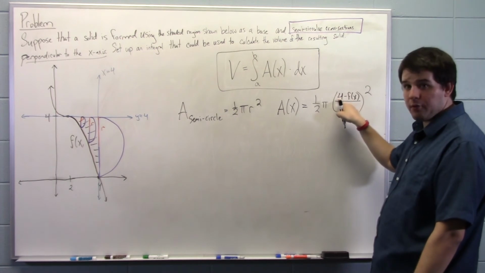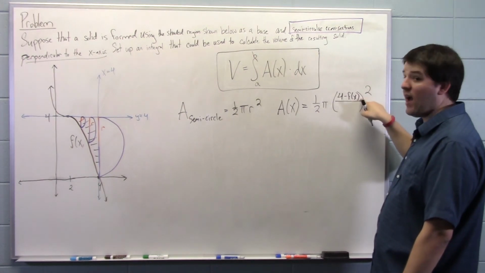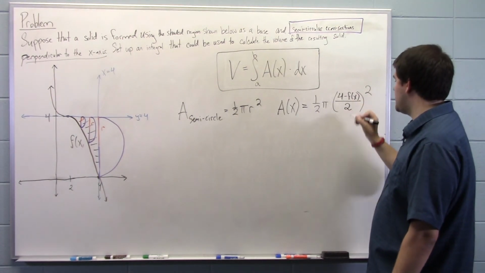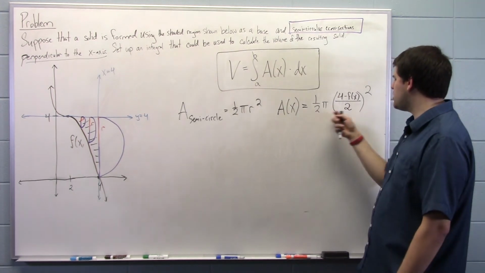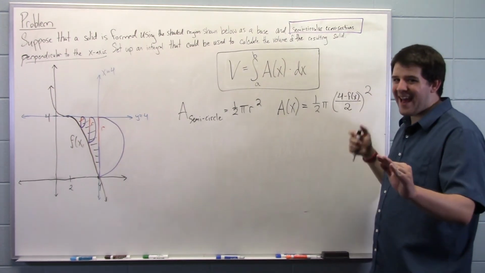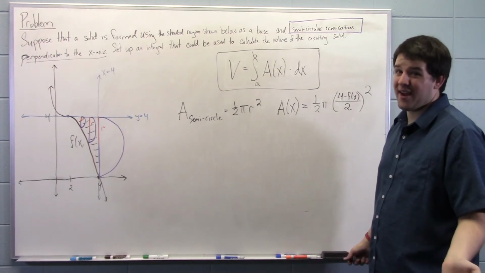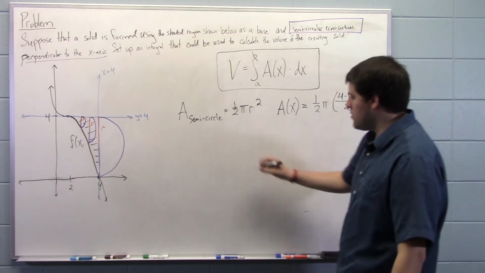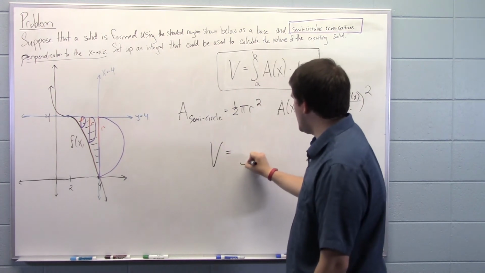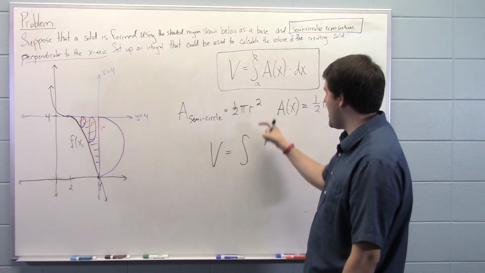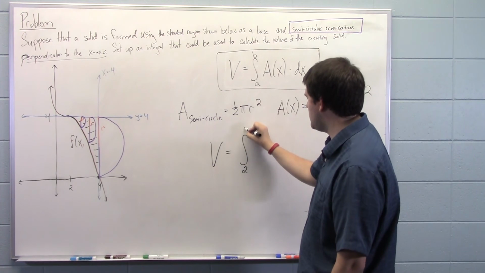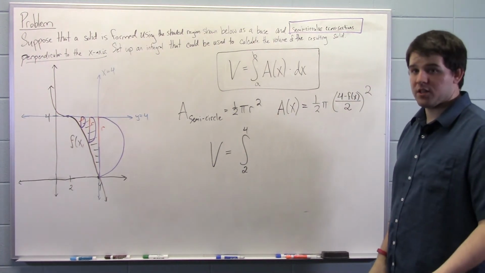The top function is y equals 4, the bottom function is f of x, and we want to divide by 2. There's a lot of 2's in this problem. Don't forget any of them. They're all very, very important, lest you end up with the wrong answer. Okay, so now we can find the volume. The volume is equal to the integral from a to b. We know a is 2 and b is 4 from the previous problem.